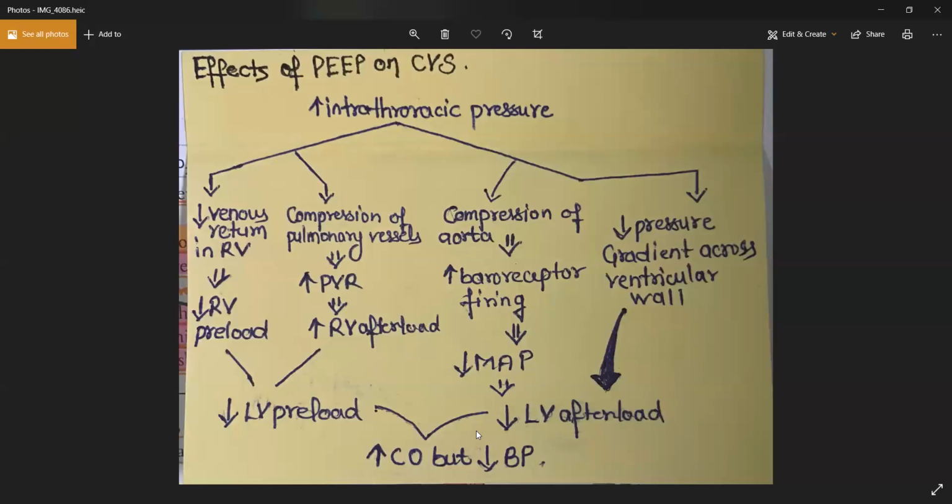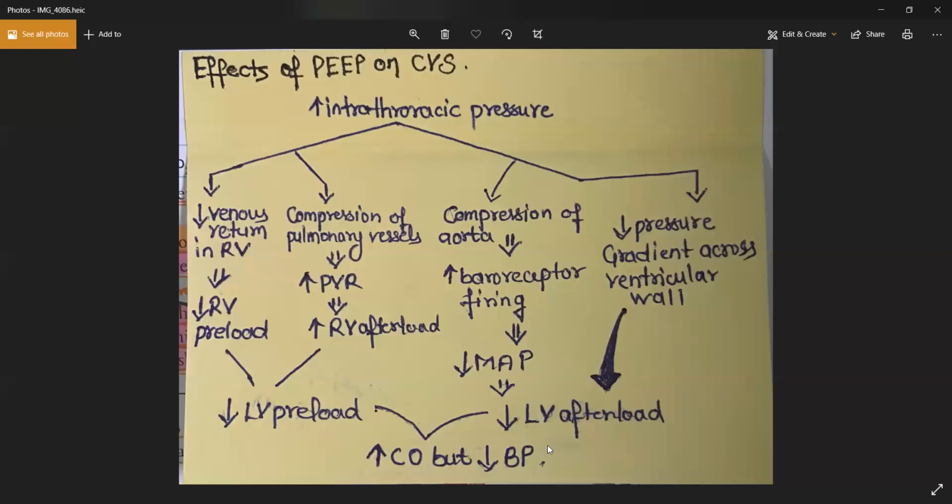Now, because the pressure in the thorax is increasing and the pressure after the thorax in the aorta is decreasing, you will have a smaller pressure gradient across the ventricular wall. And this will again cause a low afterload, because low blood flow means low afterload, right?